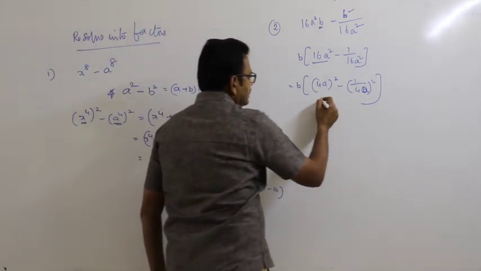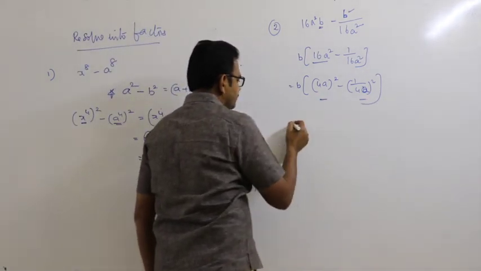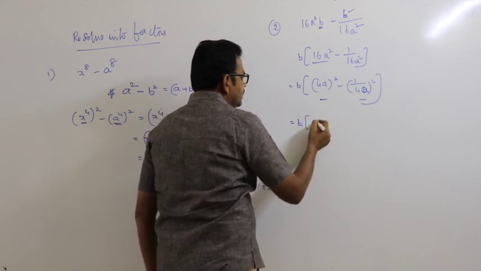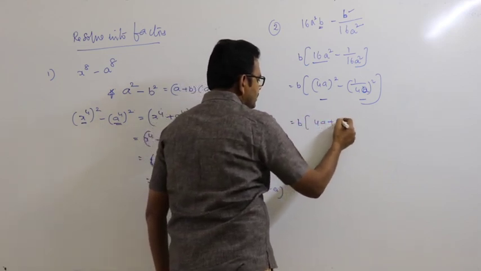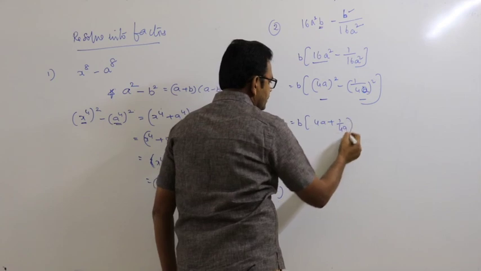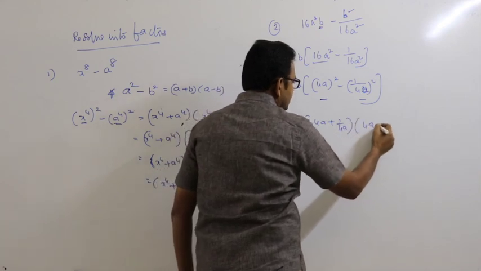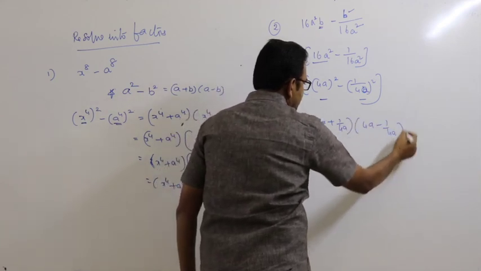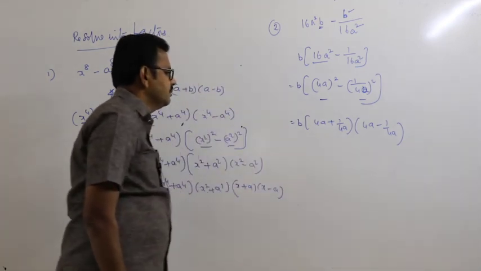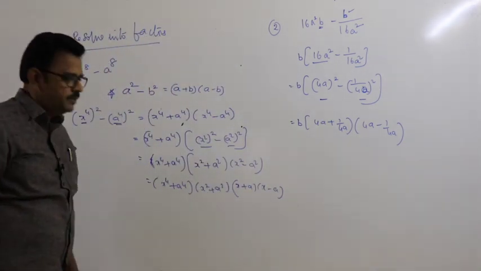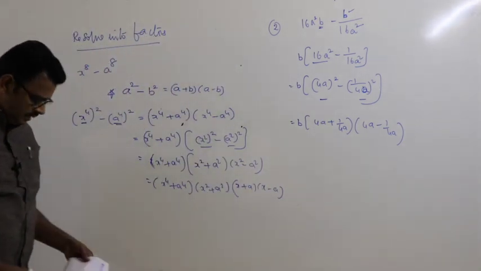Again this is a square minus b square form. b into 4a plus 1 by 4a into 4a minus 1 by 4a. That is a square minus b square form, a plus b into a minus b.